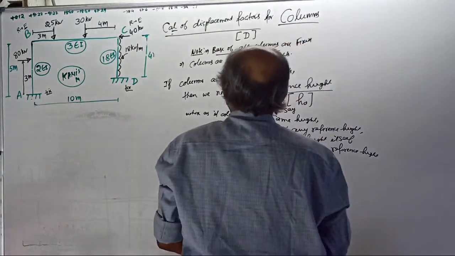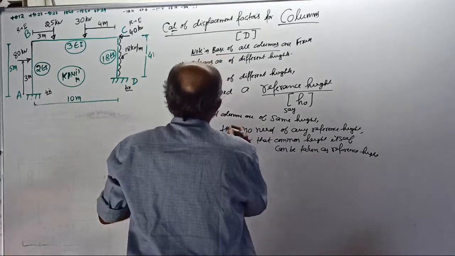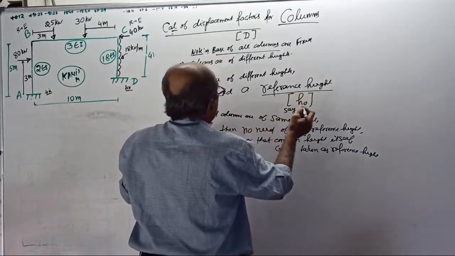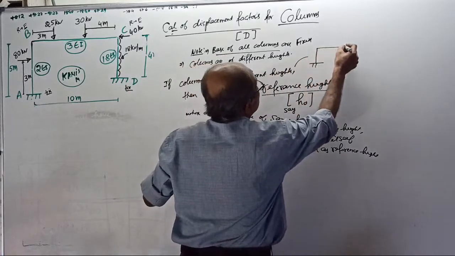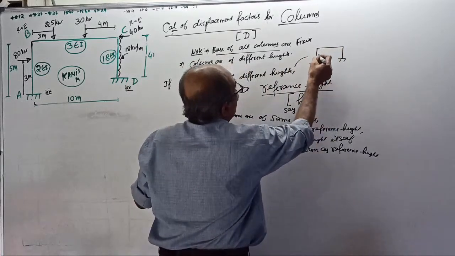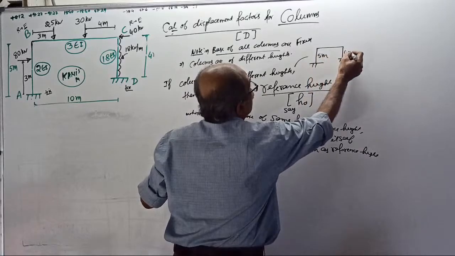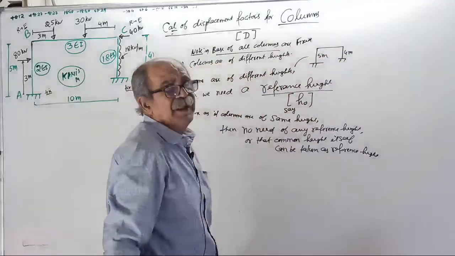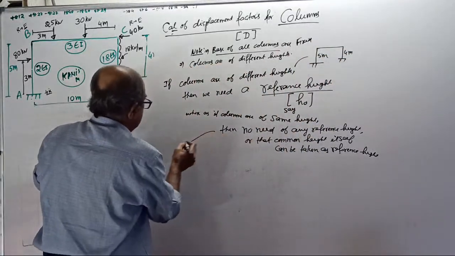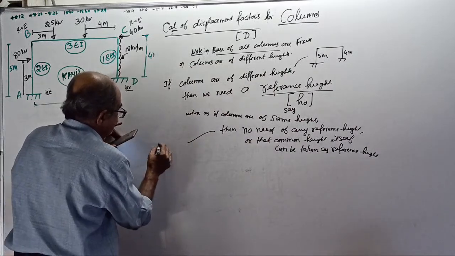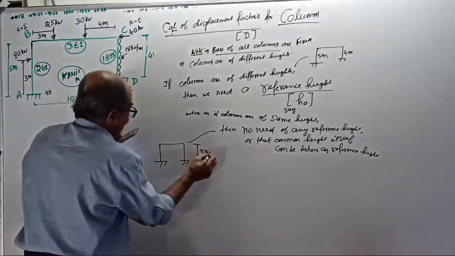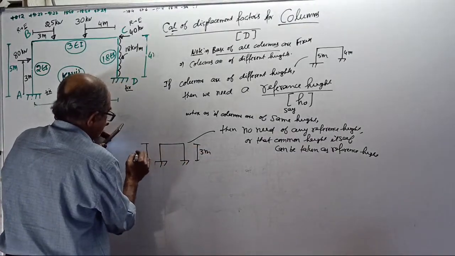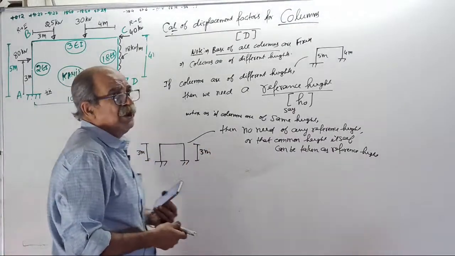See, for example, in our case the frame is like this. This is 5 meter, this is 4 meter. So you require a reference height. By chance, if the question is like this, with any height, say for example 3 meter and this also 3 meter, do you require reference height?